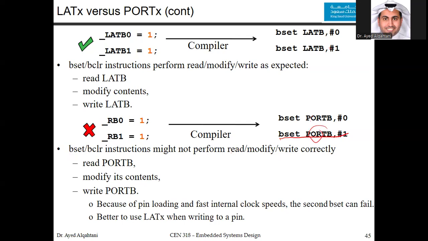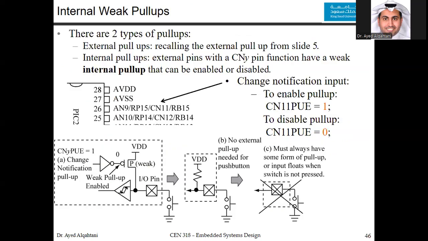And when you run the system, usually both of them will be fine. That's what I'm saying here. If you use the latch value or the port value, both of them will be accepted in this class. But it's very good to know the differences. Now, for the internal weak pull-ups.